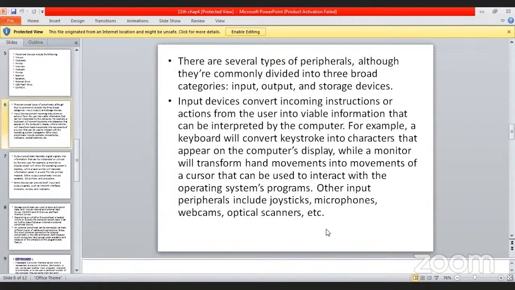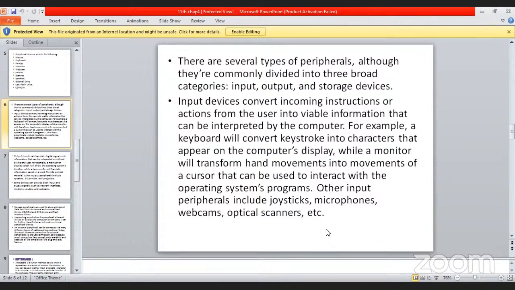Next we can see all those types described. There are several types of peripherals, although they are commonly divided into three broader categories: input, output, and storage.